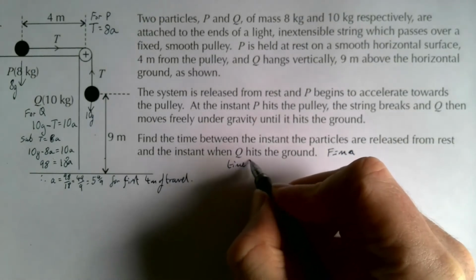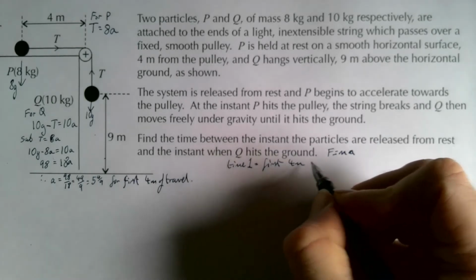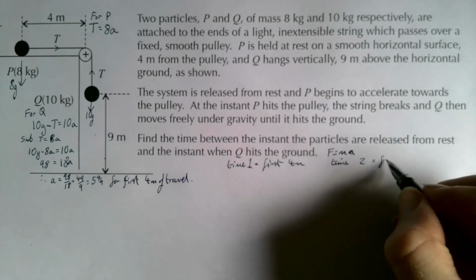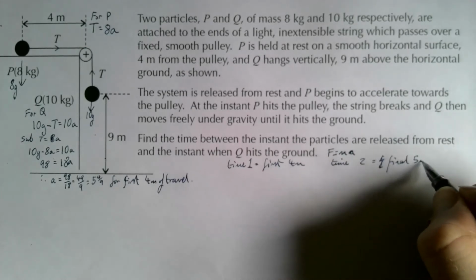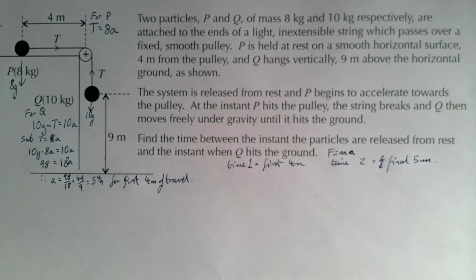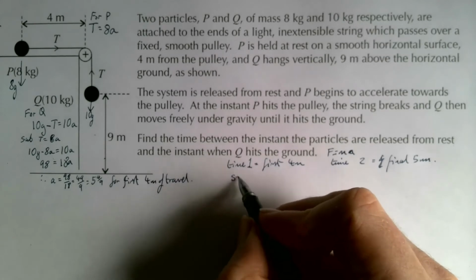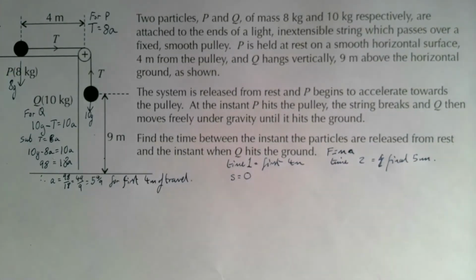Time 1 is going to be the first 4 meters, and time 2 is going to be the final 5 meters until Q hits the ground. So if I look at S for here, for time 1, they're starting from rest, so S equals 0.